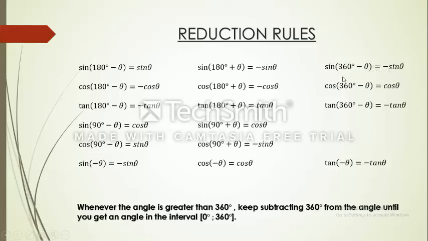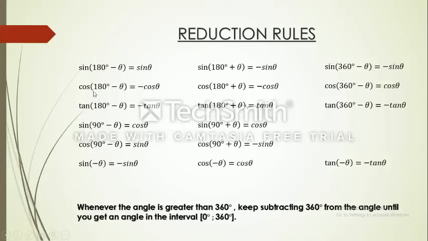You will notice that only sine 180 minus theta simplifies to a positive sign. Otherwise, sine 180 plus theta, which is quadrant 3, where we said sine is negative, simplifies to negative sine theta. And quadrant 4, where we said sine is negative, and we get it by saying 360 minus theta, gives us a negative sign.